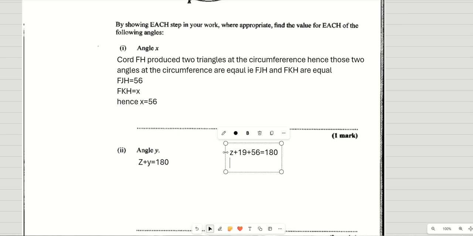So that is z plus 105 is equal to 180. Therefore z would be equal to 180 minus 105. So z is equal to 75. Alright, now that we found out z is equal to 7, sorry.